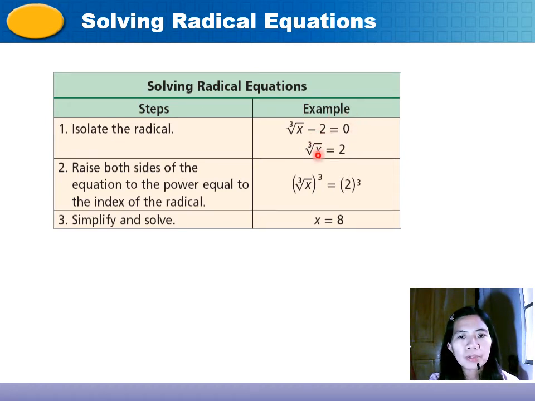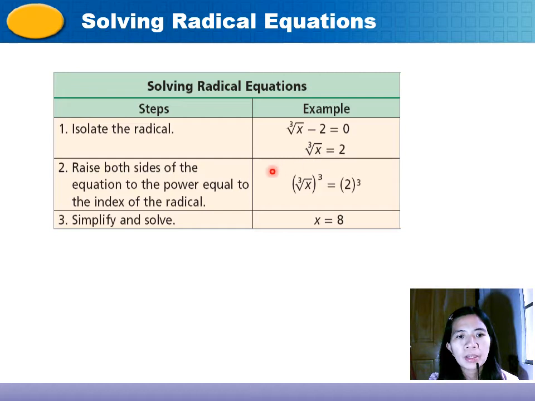When we say isolate, we let the radical remain on one side of the equation. So it becomes 0 on the left, and we equate the cube root of x to 2.